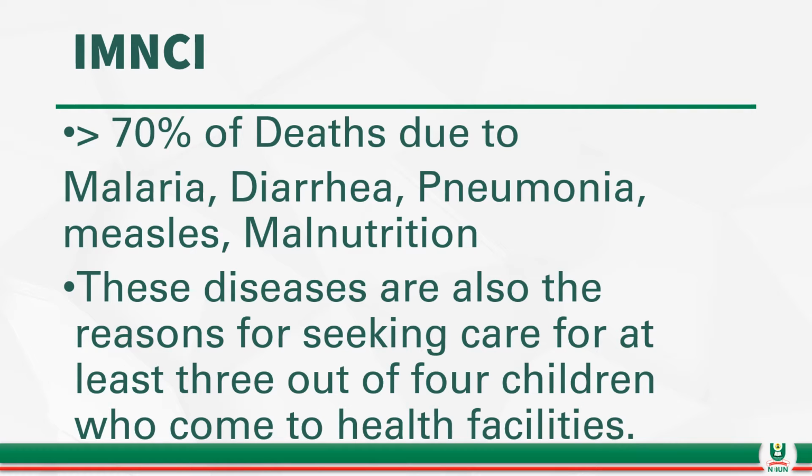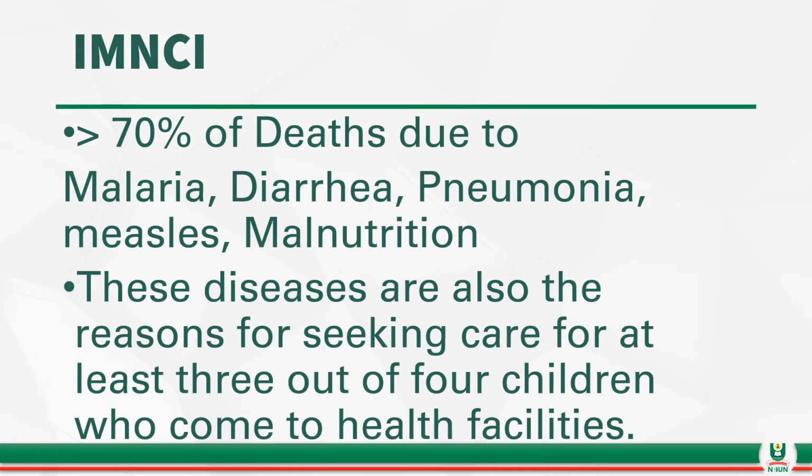So, integrated management of newborn and childhood illness was developed because over 70% of deaths were due to malaria, diarrhea, pneumonia, measles, and malnutrition. These diseases usually are reasons why parents take their children to seek health care.